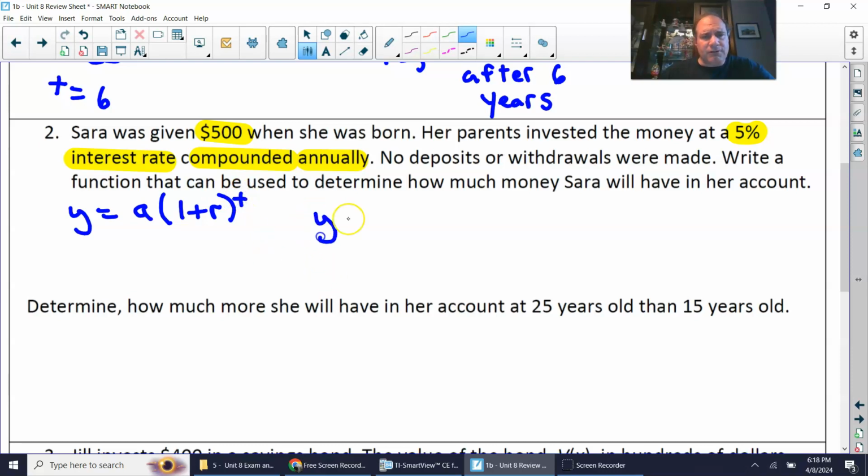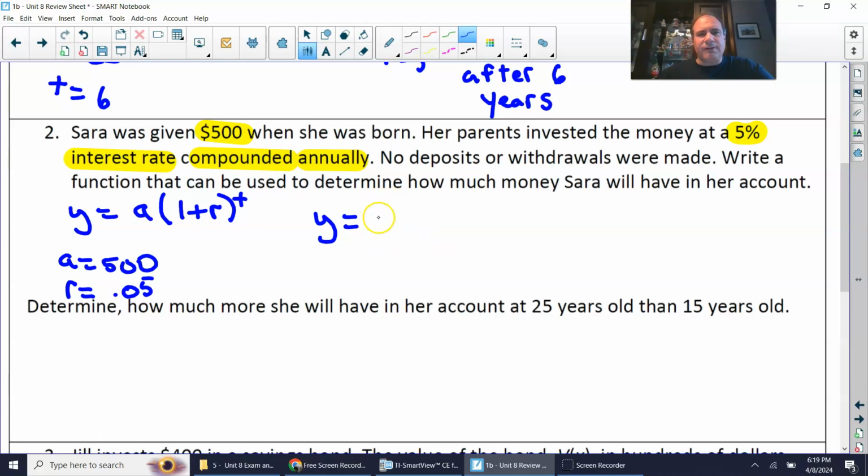So we're just going to put this in as A is 500. The R is 0.05, and the T is going to stay T, because all they want you to do is to create an equation based on the information given for any amount of time.